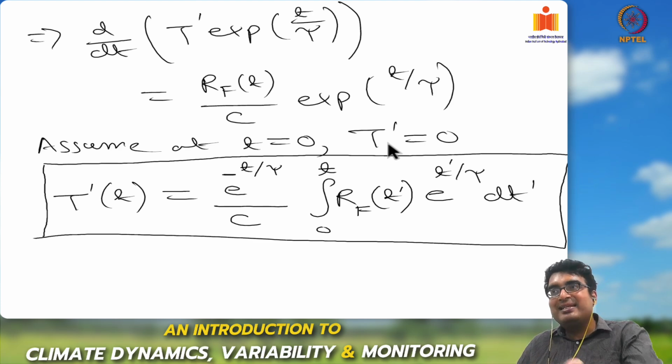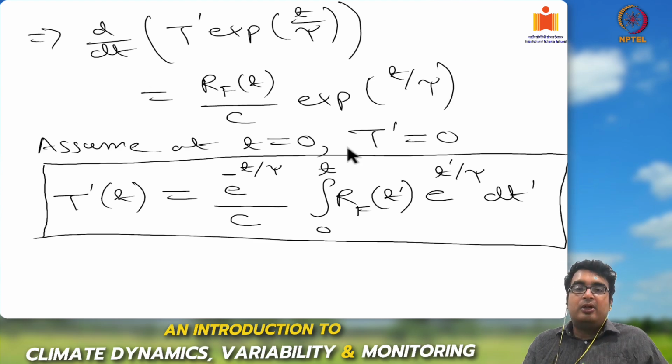As the time increases, T' starts to have a positive or a negative value due to the effect of radiative forcing. So the initial conditions are time t equal to 0, T' equal to 0. For our planetary system, if we are looking at anthropogenic global warming effects, then this t equal to 0 will be pre-industrial time, which is sometimes taken as 1850 or 1800s.